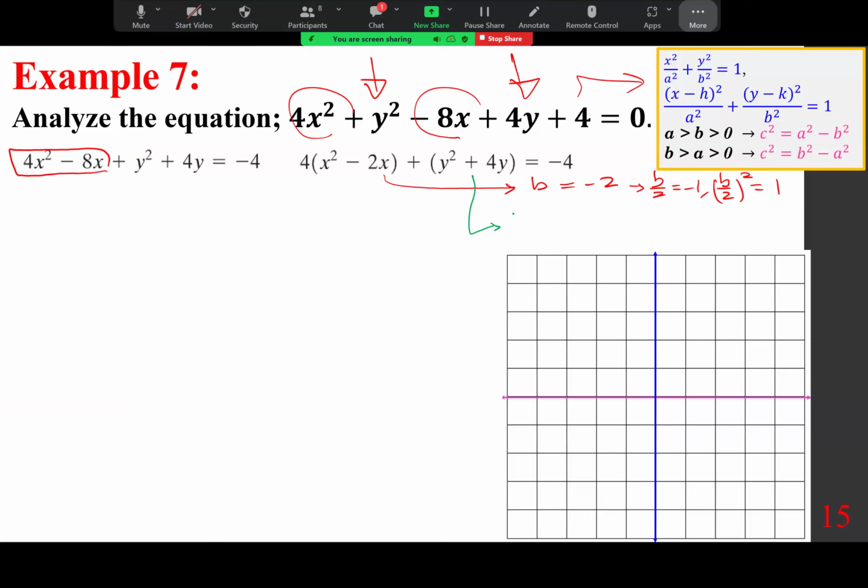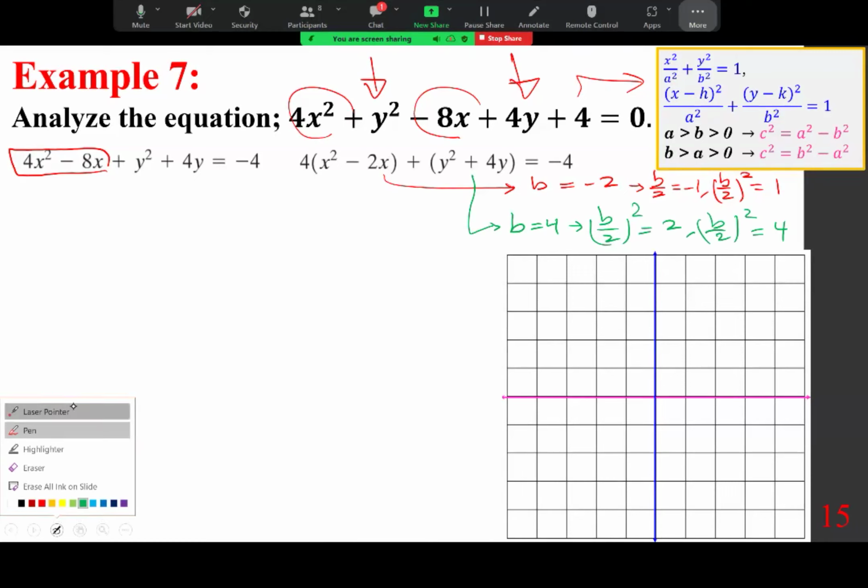For this one, B is 4, divided by 2 is 2, squared is 4. So we need to add 1 for this one, so we add 1 to both sides. We need to add 4 for this one, so we add 4 to both sides.